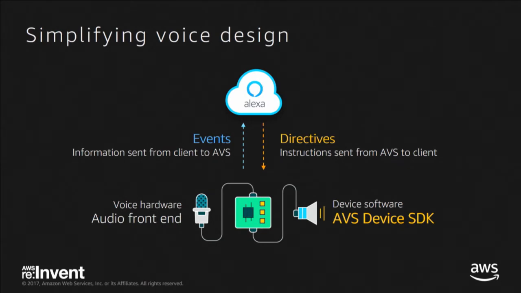So we're going to do a little bit of AWS 101. The important part here is that your device is going to capture audio. It's going to send it up as an event to the AWS cloud. That's where we do our speech recognition and our natural language processing. We figure out what the intent of the end user was, and then we package back a directive that we send to your device. And that's what your device will act on. Now, that directive is just a JSON payload.